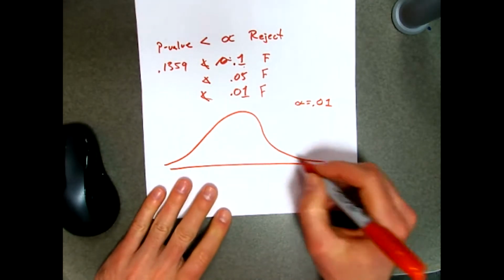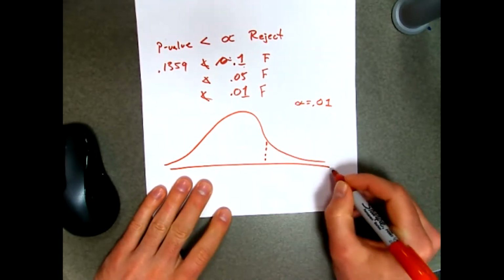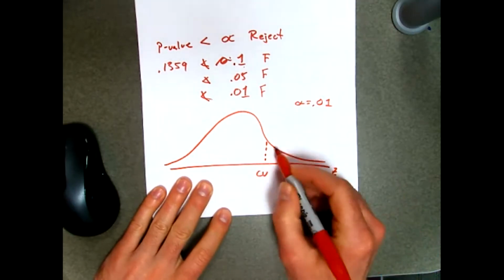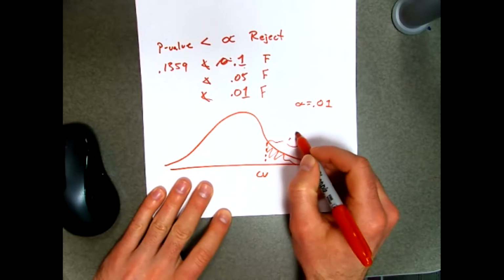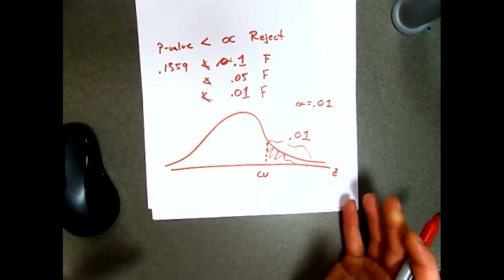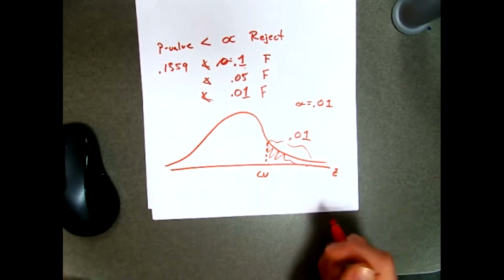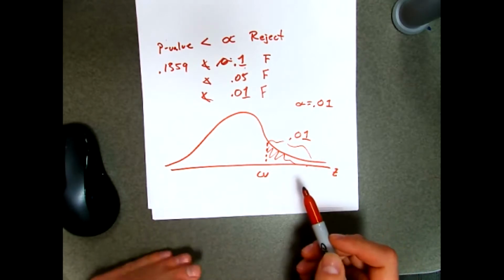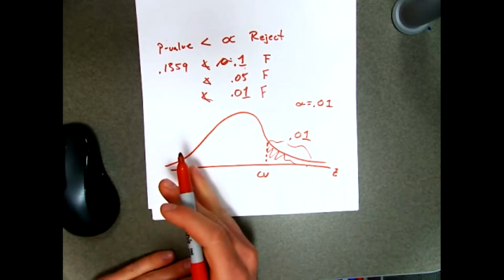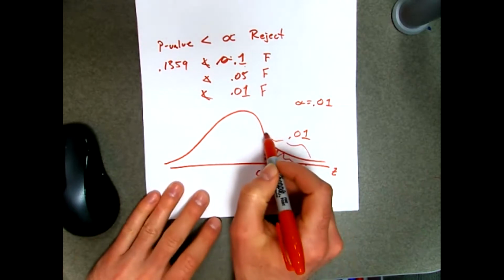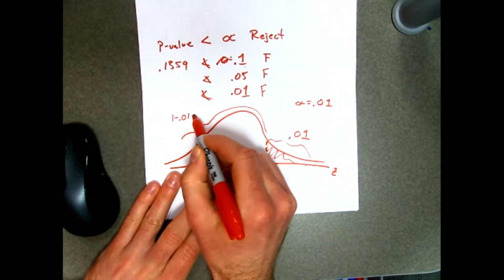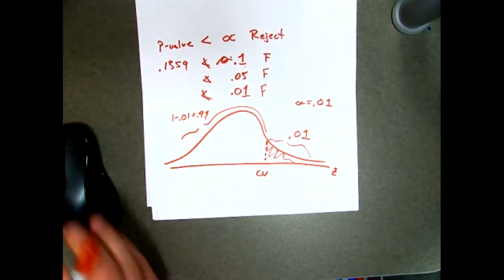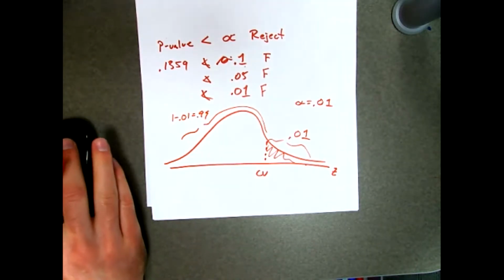What I'm trying to do with critical values is find the z value that gives me alpha total in my right tail. Well, this gets a little bit tricky because when I go to the table, it always has the area to the left, right? So I would actually need to look up what? 1 minus 0.01, or 0.99.